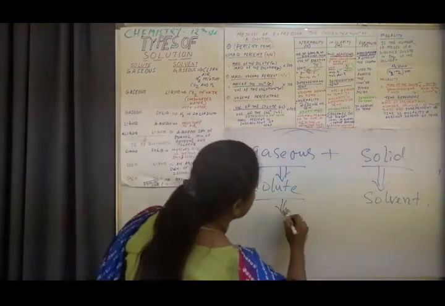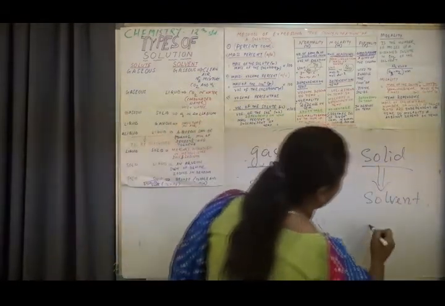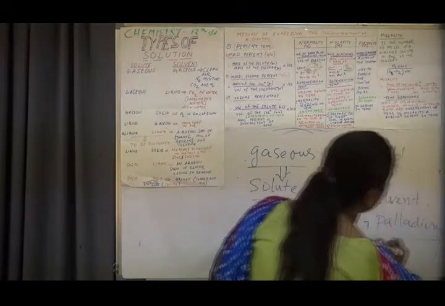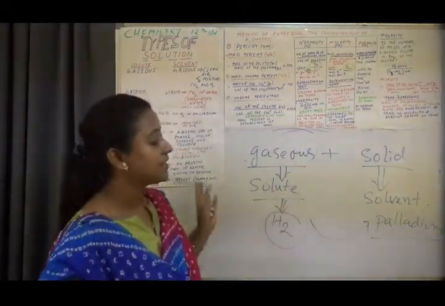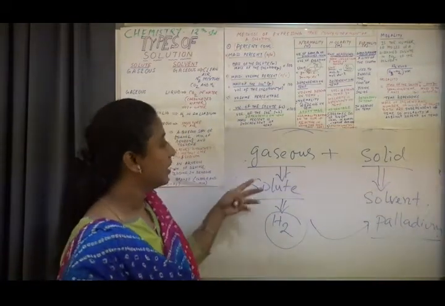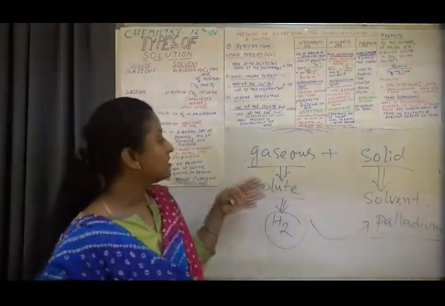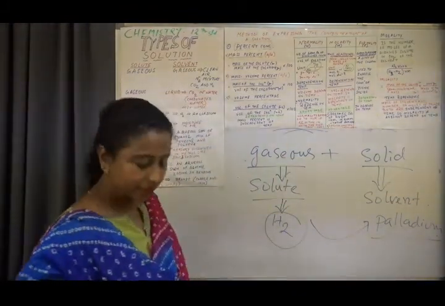Hydrogen, when dissolved in palladium, which is a metal, forms an amalgam type of solution. So this type of solution is one in which a gaseous substance is dissolved in a solid substance.